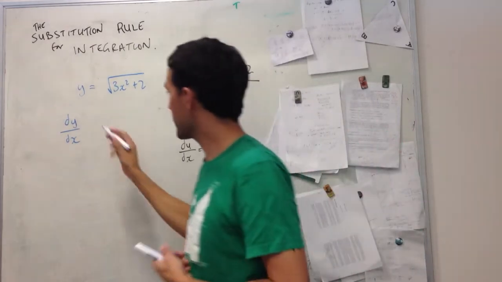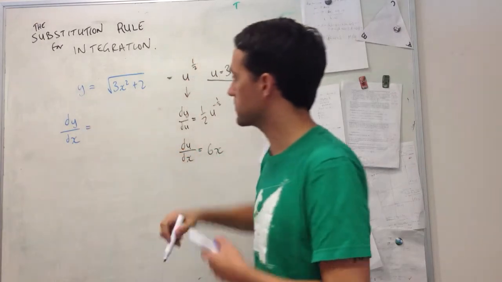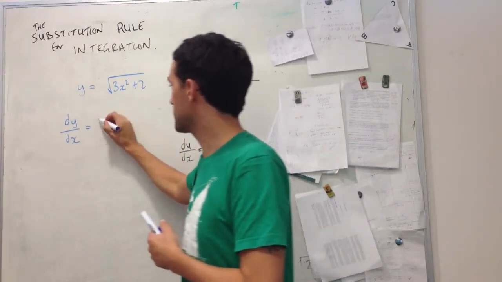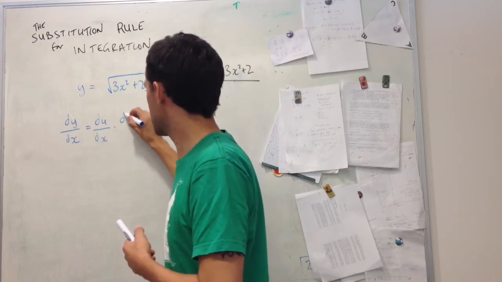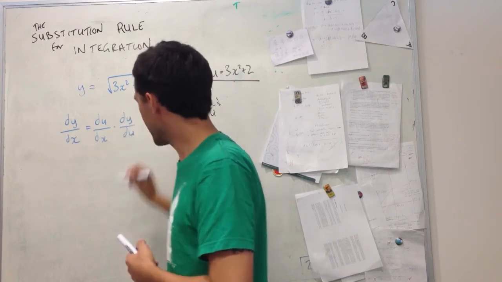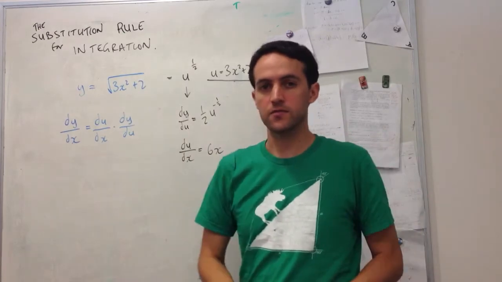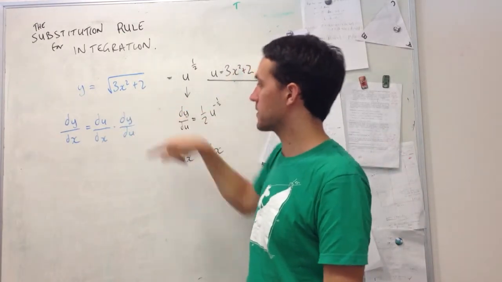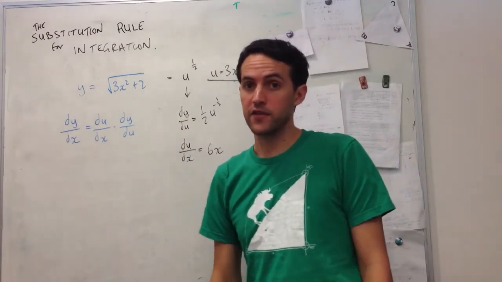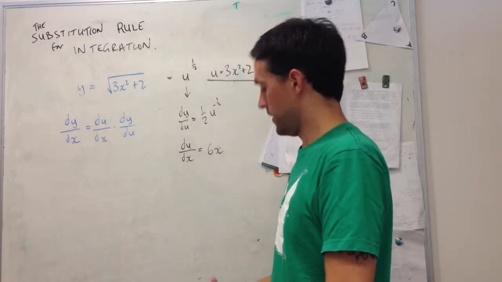The way that we then represent it is we say that dy/dx is equal to du/dx times dy/du. And we can see, in an algebraic way, we get a kind of cross cancellation of the du's there.